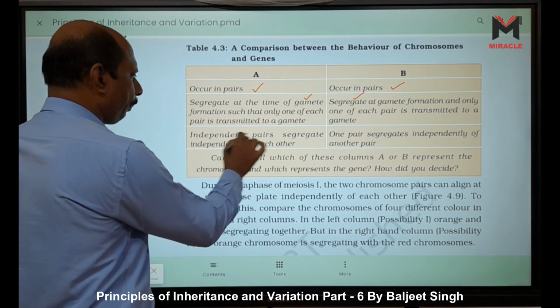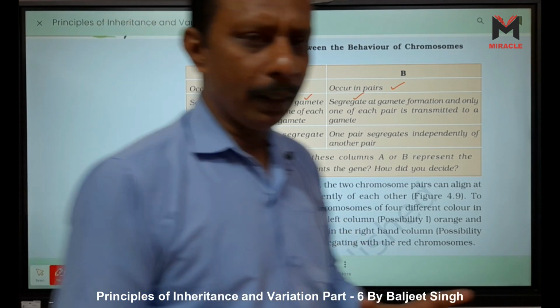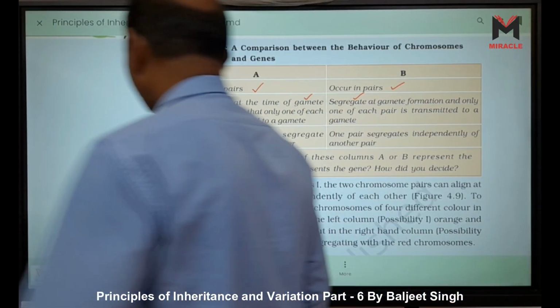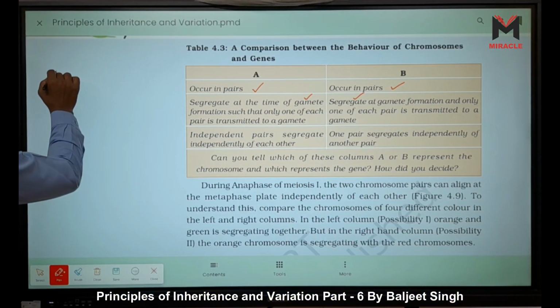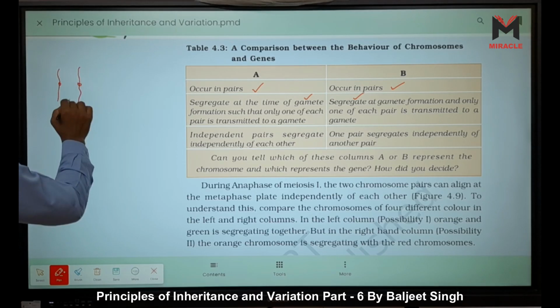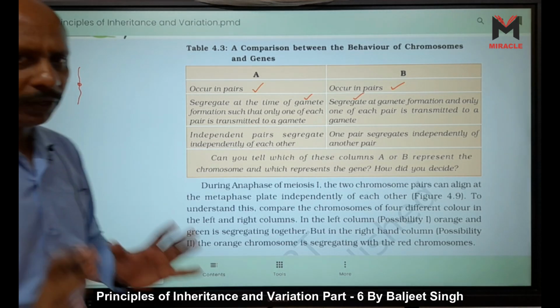Independent pairs segregate independently of each other, right? As for example here, 1 and 2 are chromosomes, a pair of chromosomes. When in anaphase, what happens?